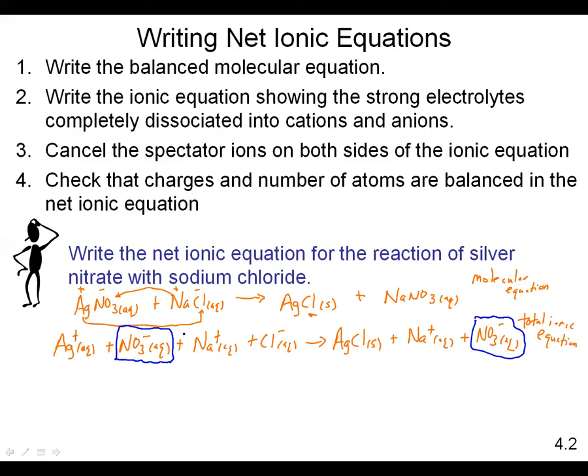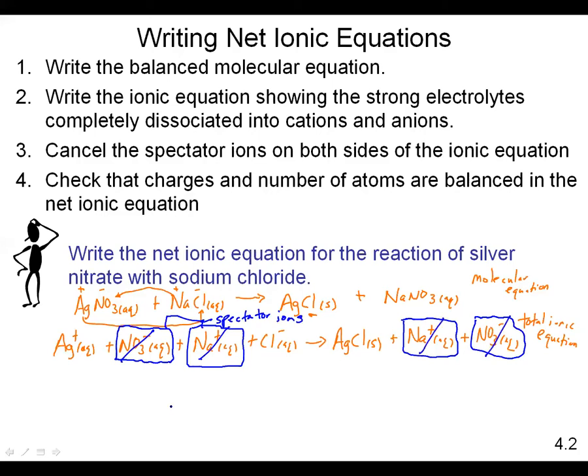We also have a sodium here, which looks exactly like the sodium on the other side. These guys, again, are going to be our spectator ions, which again, they're just kind of hanging out. They're kind of watching what's going on. Truthfully, they're really there just to balance out the charge of everything, but we do cross out our spectator ions.